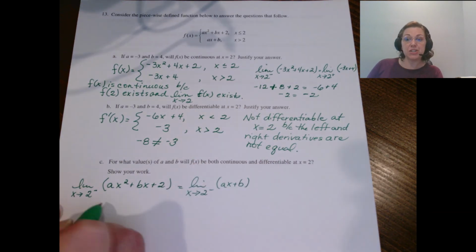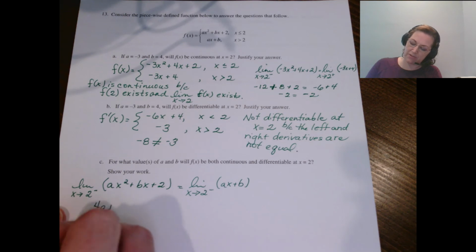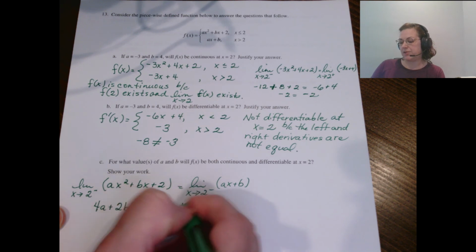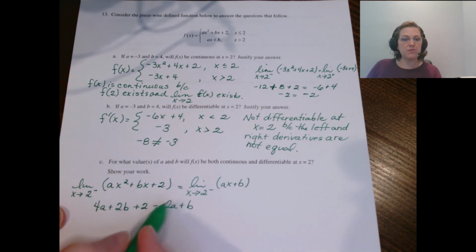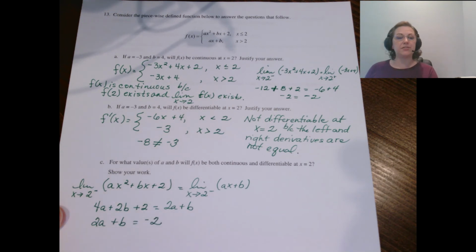Now plug in 2. So x squared would be 4a plus 2b plus 2 equals 2a plus b. Now I'm going to move all the a's and b's to one side. So I've got 2a plus b, and then I'm going to move this 2 to the other side, and that'll be a -2.